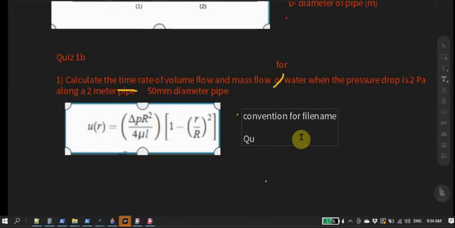So you are section 2 underscore quiz 1b, right? And then your student ID, let's say Najmuddin FB19033, and then you can send it as a PDF file, right?